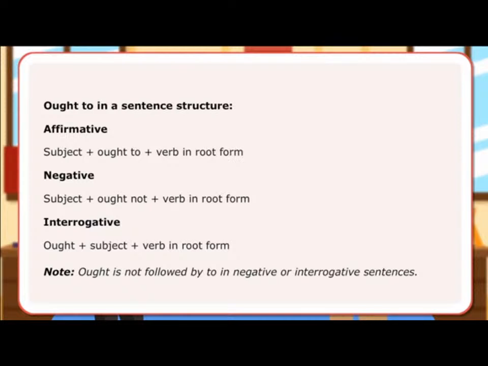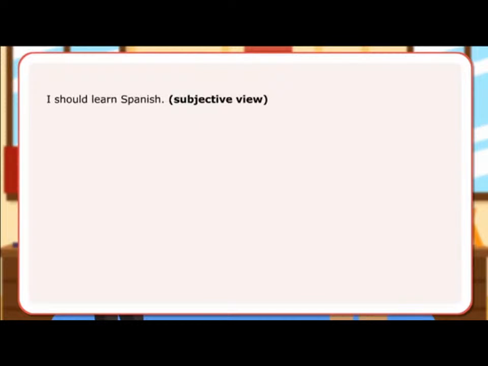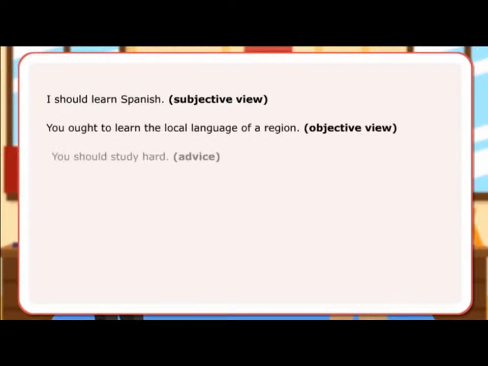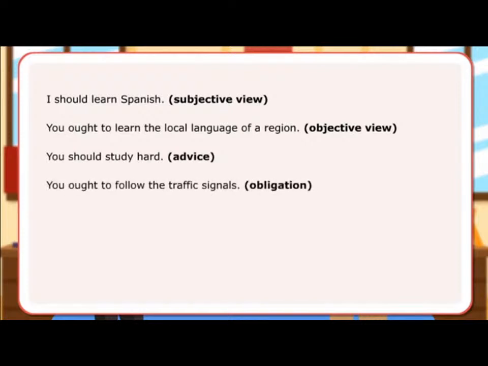Let us look at a few sentences using ought to and should. I should learn Spanish. Subjective view. You ought to learn the local language of a region. Objective view. You should study hard. Advice. You ought to follow the traffic signals.